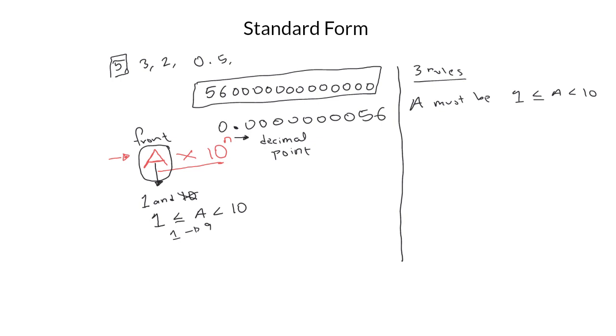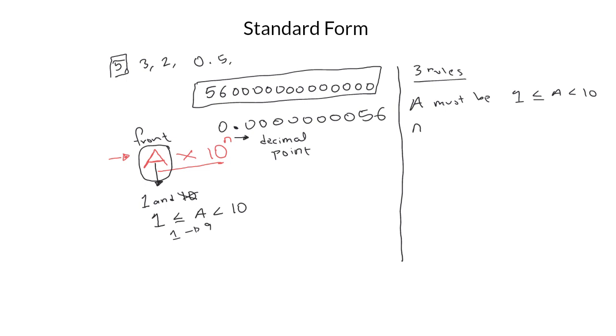Remember that, please. It cannot be lesser than 1, and it cannot be greater than 10. And the power of 10, which is n, right? n is how many times you have moved the decimal point. How many times the decimal point is moving, that's your n.